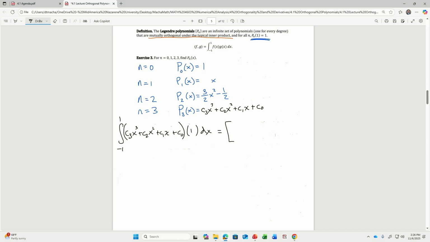What we care about is what happens to all the even powers of x, like 1/3 c2x to the third, and then the other even power, c0x. And so obviously plugging in the positive one and subtracting what I get if I plug in the negative one is just going to double these. And that has to be equal to 0.